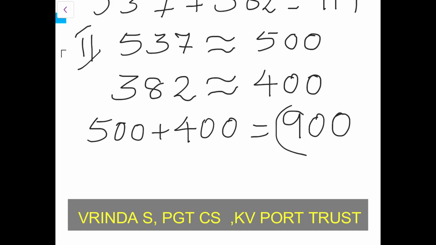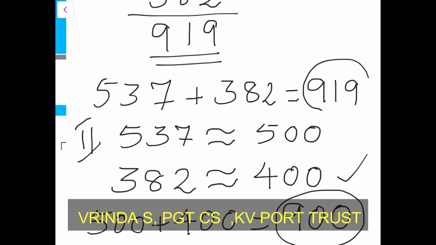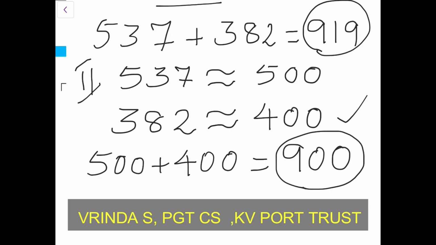So this is the value that we got by estimation and further calculation, and this is the value that we got by exact calculation. See, there is a small difference between the actual value and the estimated value.